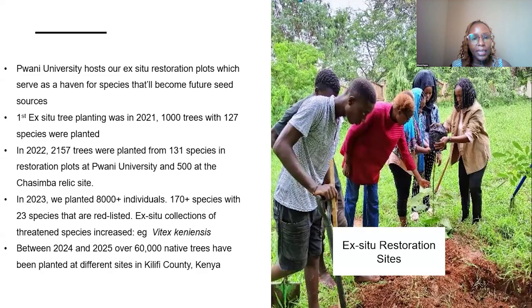Over the years, we've been planting trees that are native to the East African coastal forest with species that get to over 200 species. And because of projects that we partnered with BGCI, Kaya Connect, in a project funded by the Foundation Franklinia, we planted over 60,000 tree species in the ex situ restoration plots and in situ relic sites as well.